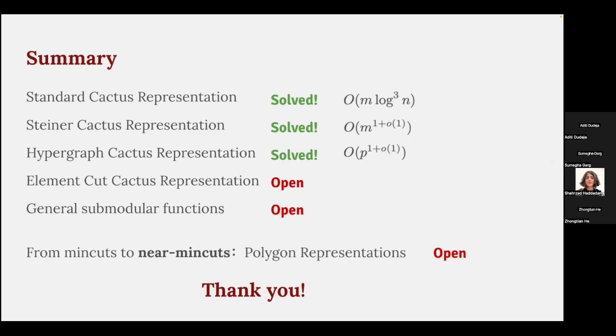So the vertices are mapped to points on the plane, and there are polygons with some diagonals, and each diagonal corresponds to a near min cut.